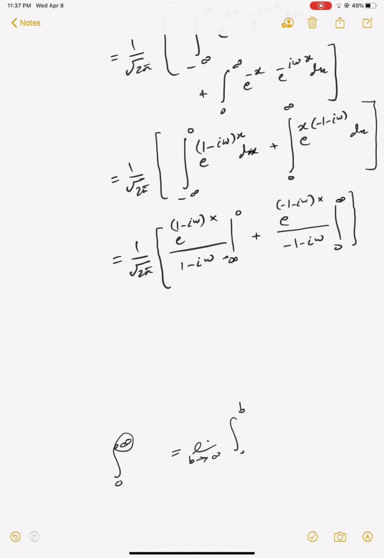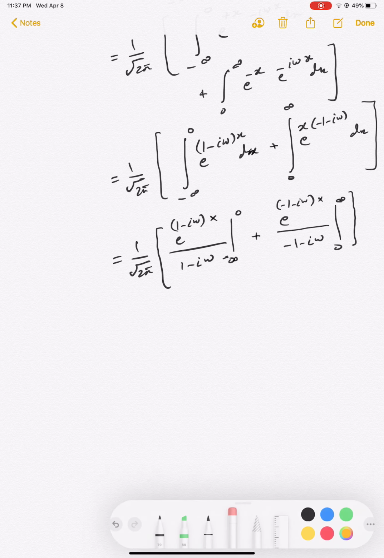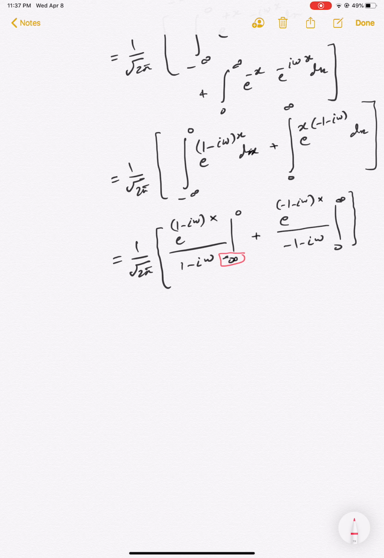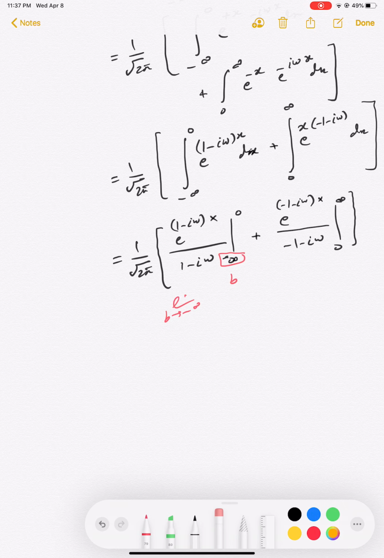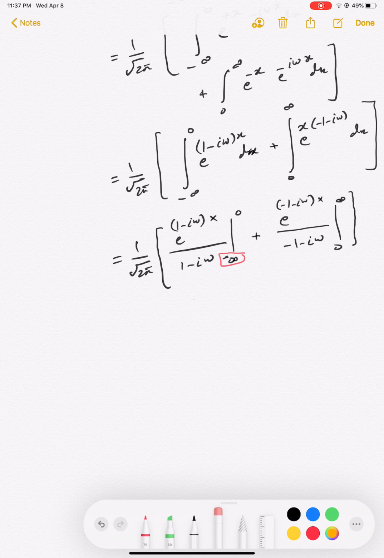We assume we write this without writing it. At the professional level, we don't need to write the details; we understand what's going on. So when you see negative infinity, we mean the limit as b approaches negative infinity, and the same for the other one. I'm not going to write the limit this way unless we need it.